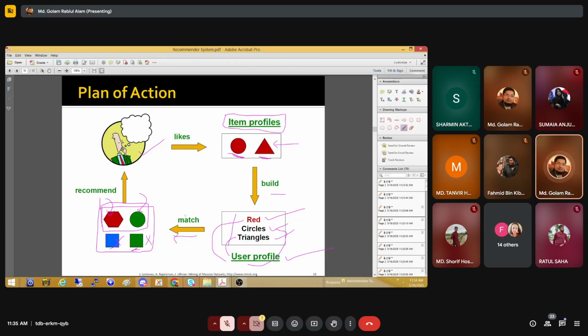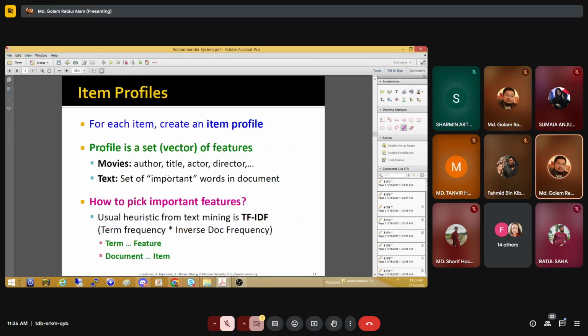That means based on some sort of similarity, similarity in red and similarity in circle. So we can recommend these two items to our user or customer. That's what we usually do in our content-based recommendation systems.